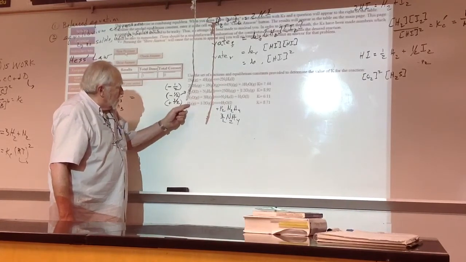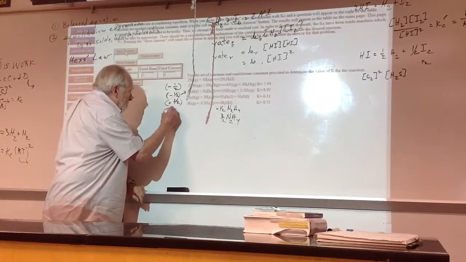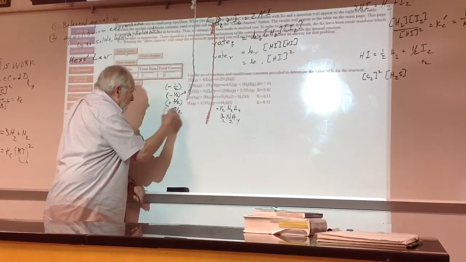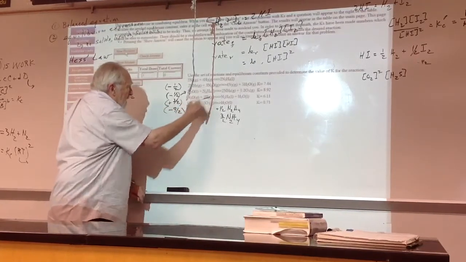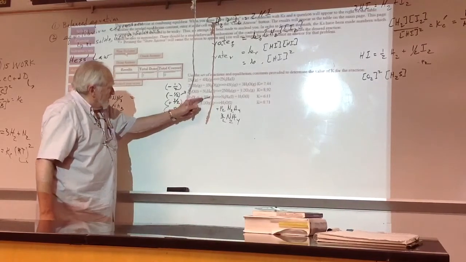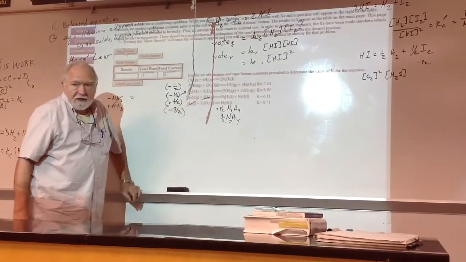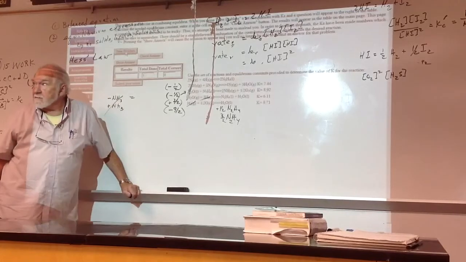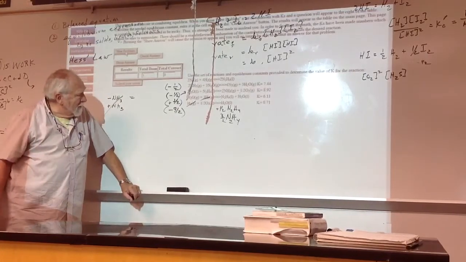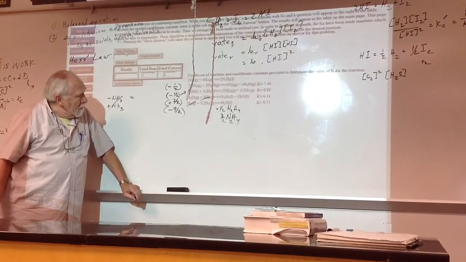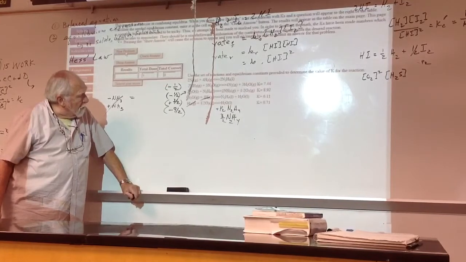This one has hydrogen, so I have to multiply by minus 9/2. That gets rid of my hydrogen. Plus 9/2, minus 9/2. Okay, there you go. So I've got multipliers for all of them.